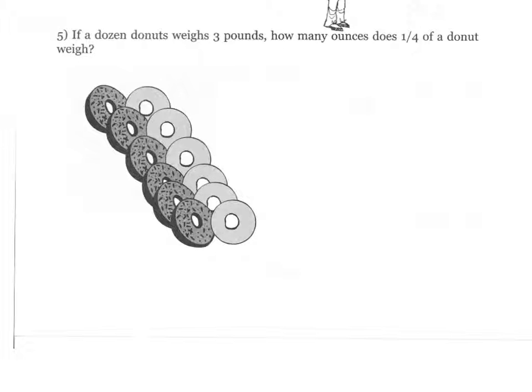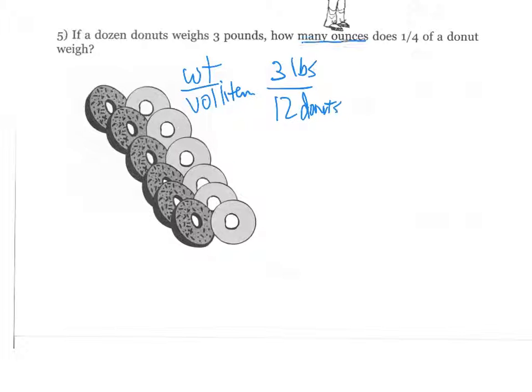Let's keep up that same idea of having the weight per the volume, or the weight per item. And so we have 3 pounds of weight, and we have a dozen donuts. You need to know that you have 12 donuts. So you could just stick with that, but you see how they want ounces, so you might as well switch it now.